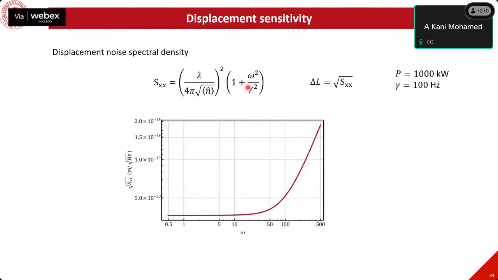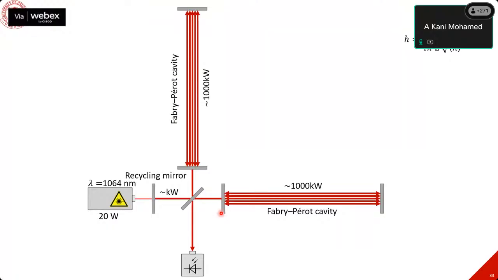If you don't have the Fabry-Perot cavity, this number is the same as the normal one that we computed. But once we place the cavity in the Michelson interferometer, this becomes frequency dependent. And here I have used power of thousands of kilowatts, and this gamma is the loss rate of this cavity.